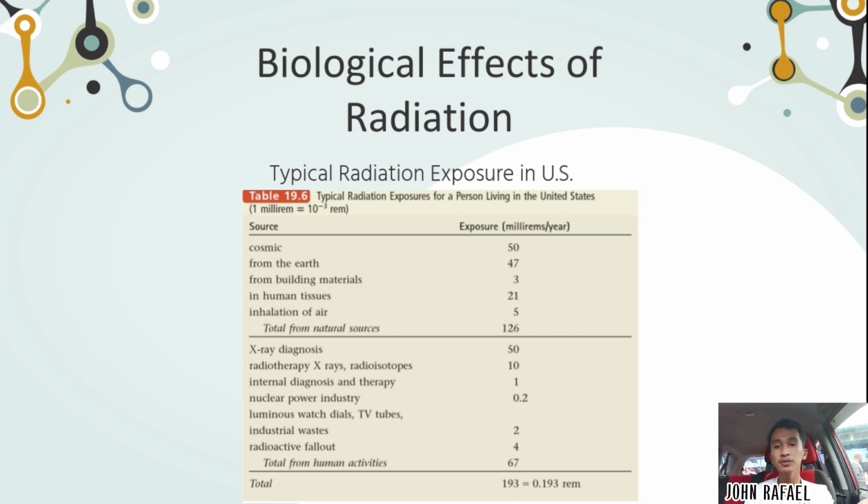Radioactive fallout has 4 exposure. So, in total, 50 plus 10 plus 1 plus 0.2 plus 2 plus 4 equals 67. So, in total overall, 126 plus 67 is equal to 193. So, 193 millirem is equivalent to 0.193 rem.